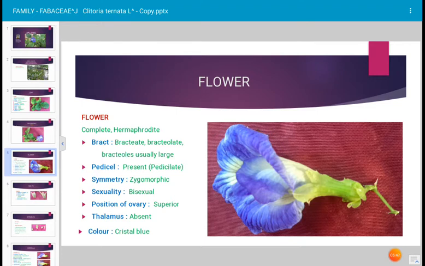And the symmetry of the flower is zygomorphic. What is a zygomorphic flower? When a flower has unequal size of petals or sepals, such a flower is not capable of division into symmetrical whorls from any plane. Such a flower is described as zygomorphic.